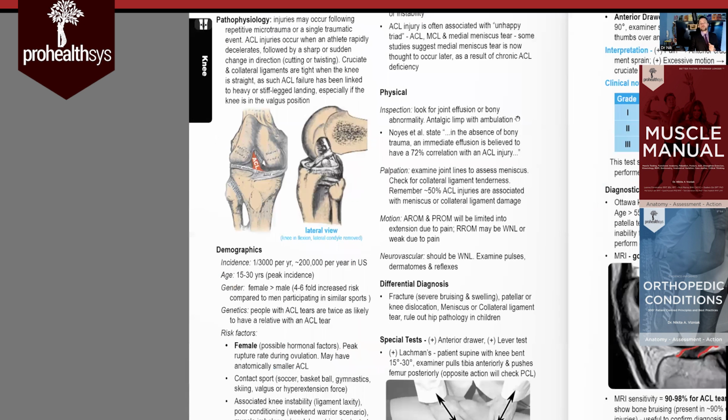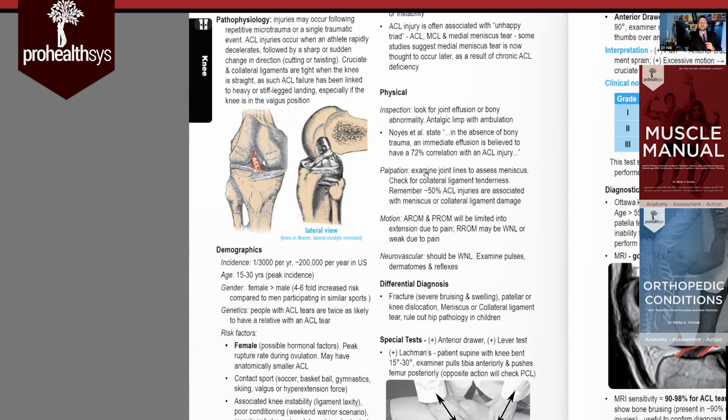Inspection, look for joint effusion, bony abnormalities. Potentially, you might see a step defect on the top of the knee or excessive motion, antalgic limp with ambulation for sure. In the absence of bony trauma, immediate effusion is believed to have a 72% correlation with ACL injury. So if they don't have a contact sport injury, or your risk of fracture is low basically, and you see swelling outside the knee, which is how we'll observe it, 72% correlation with an ACL injury.